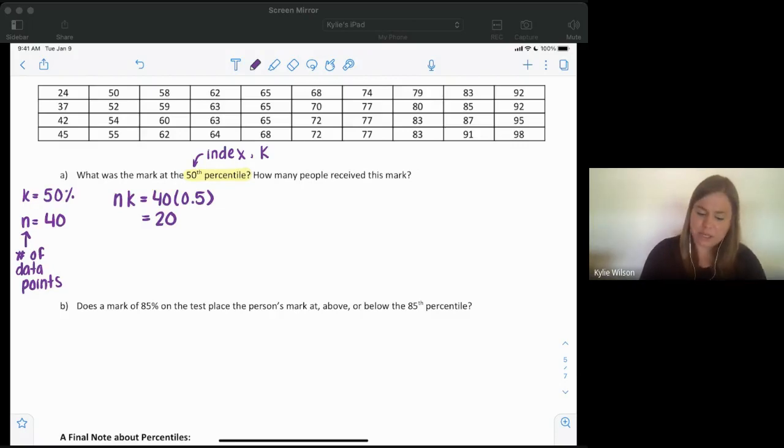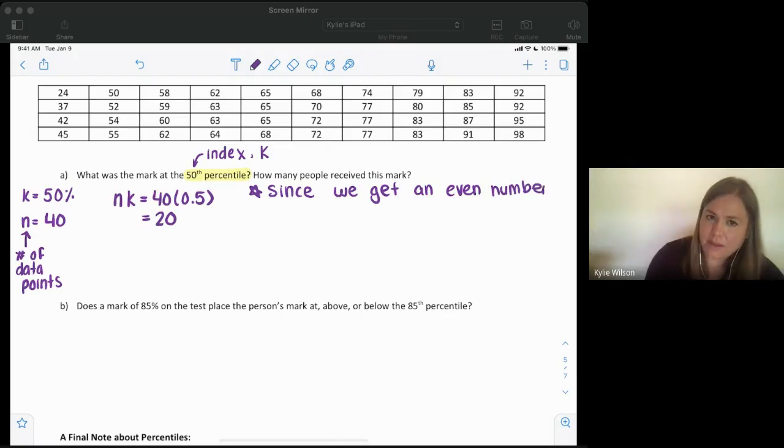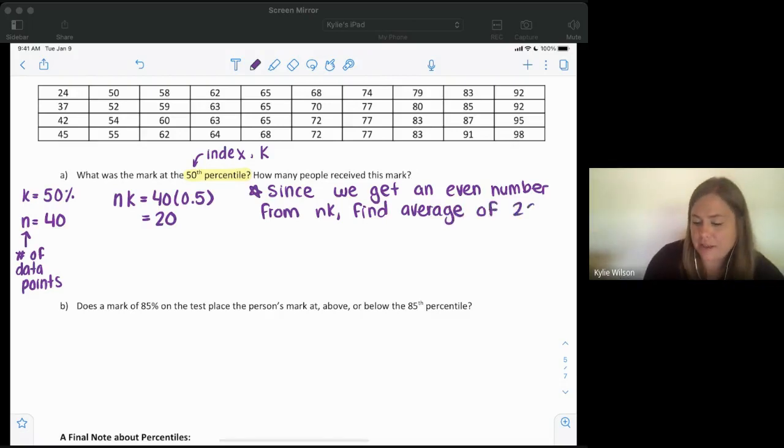So how this works is I'm just going to make a note so you can write that down. So since we get an even number from nk, what we have to do is find the average of our 20th and 21st data points.